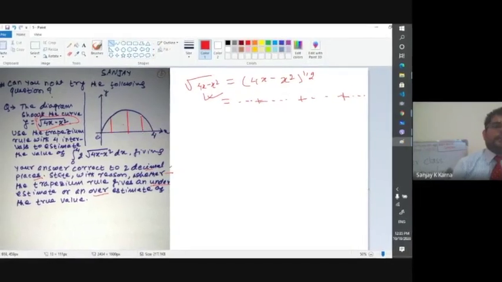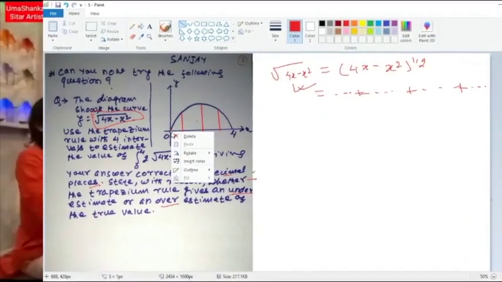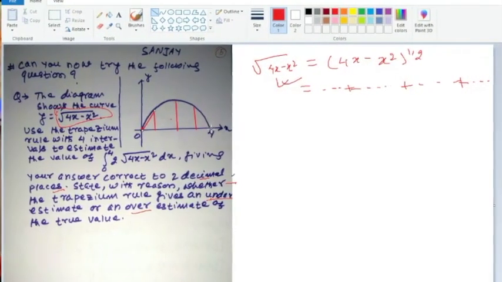If you consider the trapezium, the length at 0 is 0, so we draw the line like this, and the length at 4 is also 0, that means y is 0 at 4. So this is also a trapezium where one side has length 0, and the same for the other.